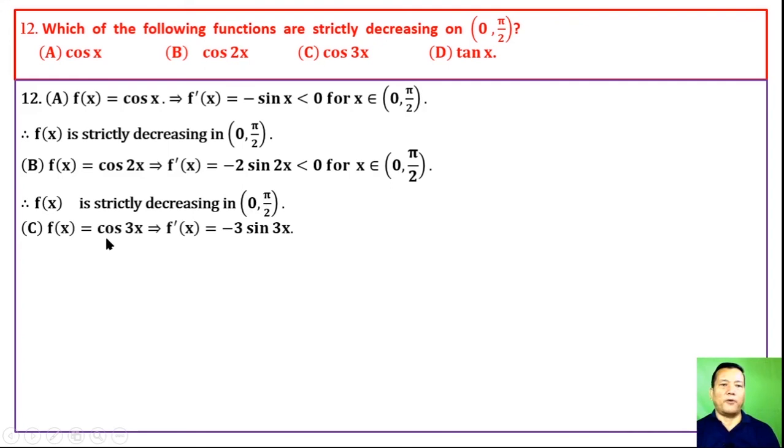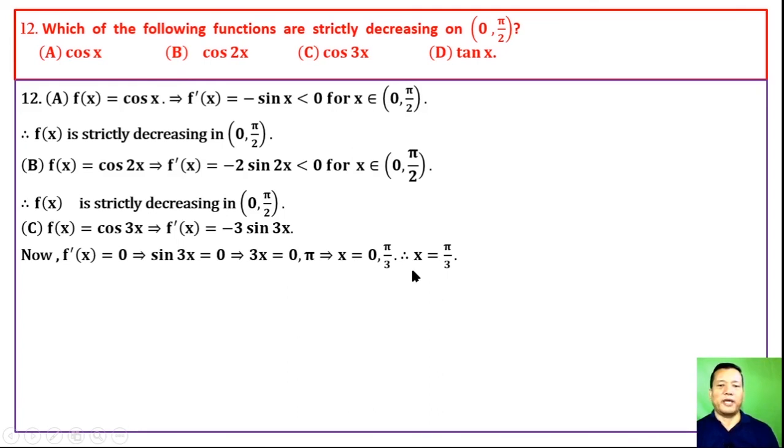For c, f of x is cos 3x, whose derivative is minus 3 sine 3x. Now, f dash of x equal to 0 gives sine 3x equal to 0, which gives 3x equal to 0 or pi, implies x equal to 0 or pi by 3. Therefore, x can take pi by 3 because x cannot be 0. Therefore, we take x equal to 60 degrees.